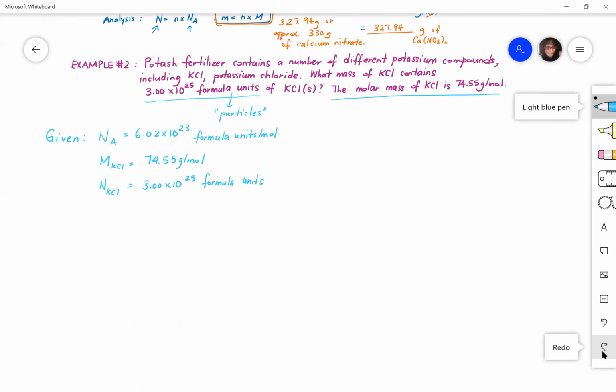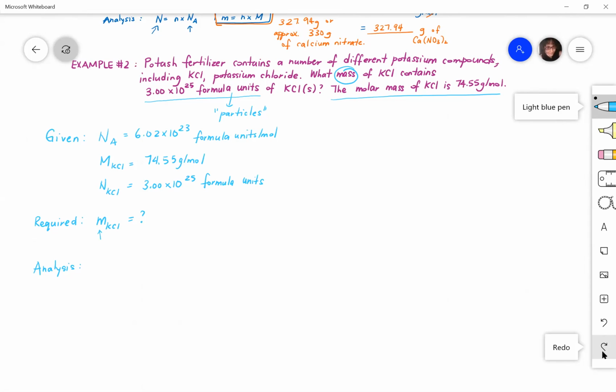Now, what do we need? What is required? Well, we are asked to solve for the mass. So we don't know the mass of KCl. Remember that in terms of our analysis now, what equations are we going to be using? What equation has mass in it?